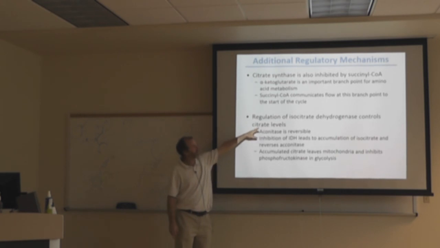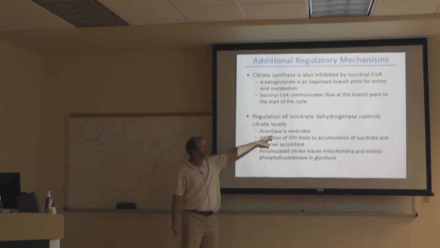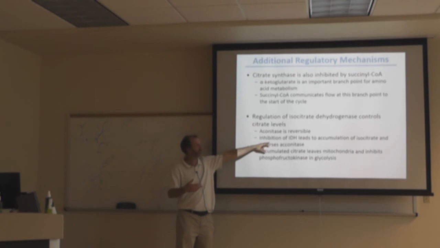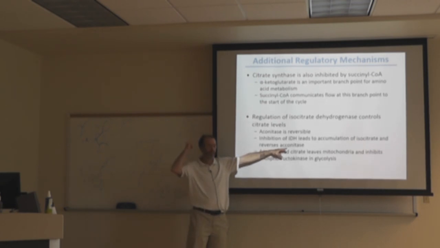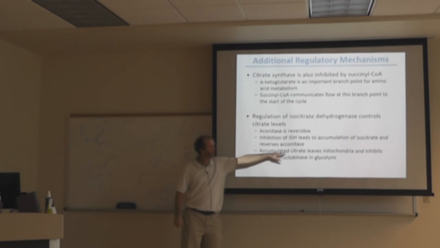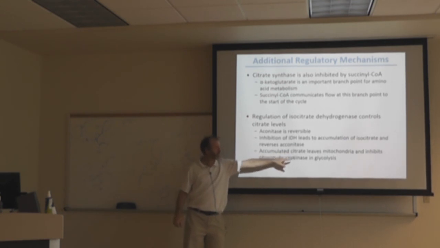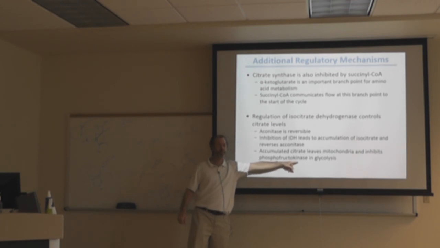Regulation of isocitrate dehydrogenase controls citrate levels. Aconitase is reversible, if you remember. Inhibition of isocitrate dehydrogenase leads to the accumulation of isocitrate, and that reverses aconitase, and you'll accumulate citrate then. And that leaves the mitochondria and inhibits phosphofructokinase 1 in glycolysis.